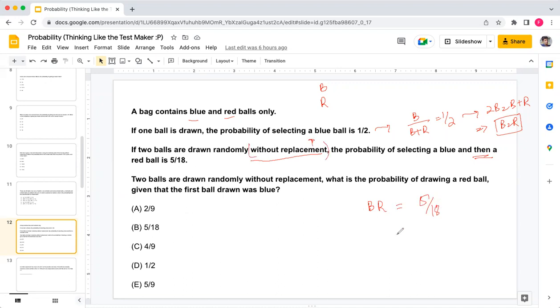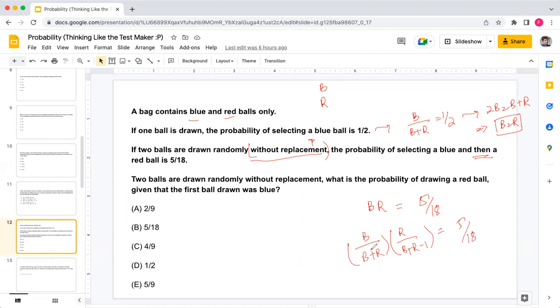The probability of selecting a blue ball first is B over B plus R, and the probability of selecting a red ball afterwards is R over B plus R minus 1, because there will be a decrease of 1 in the total. That will be equal to 5/18.